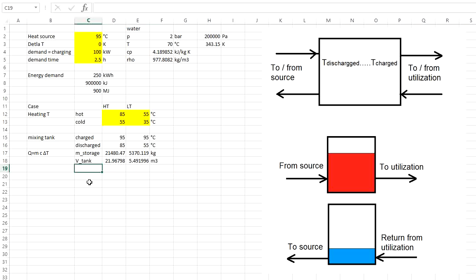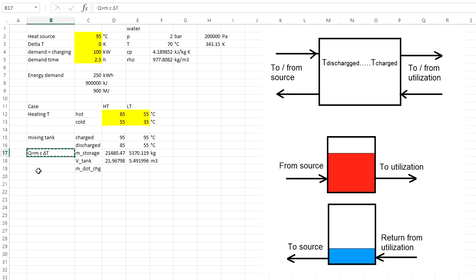But what we will have a look at now is the mass flow rate of the water during charging. When we want to have 100 kilowatts of charging power and the tank is discharged, what is the required mass flow rate? So how to get it?